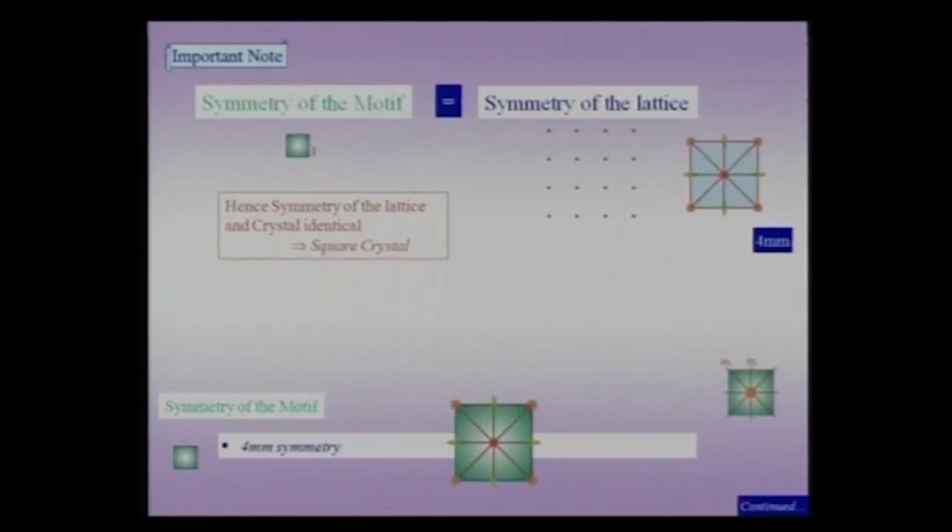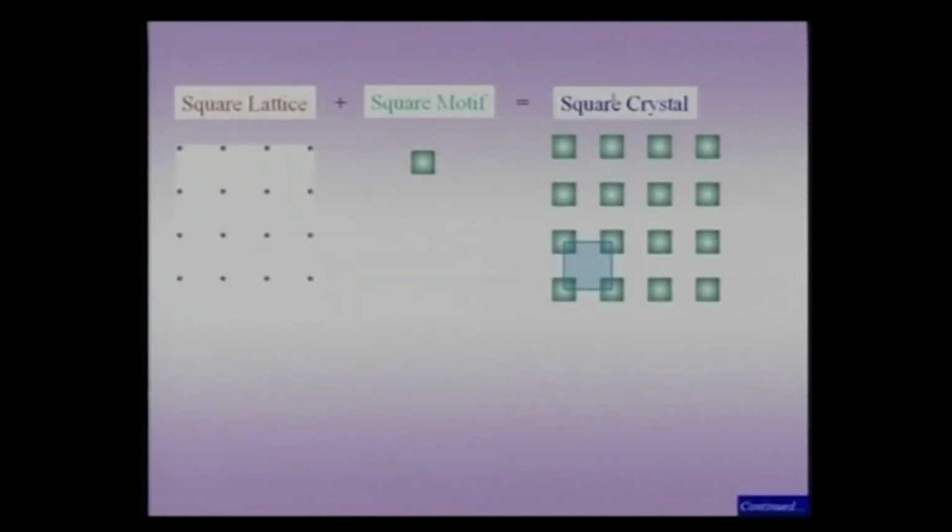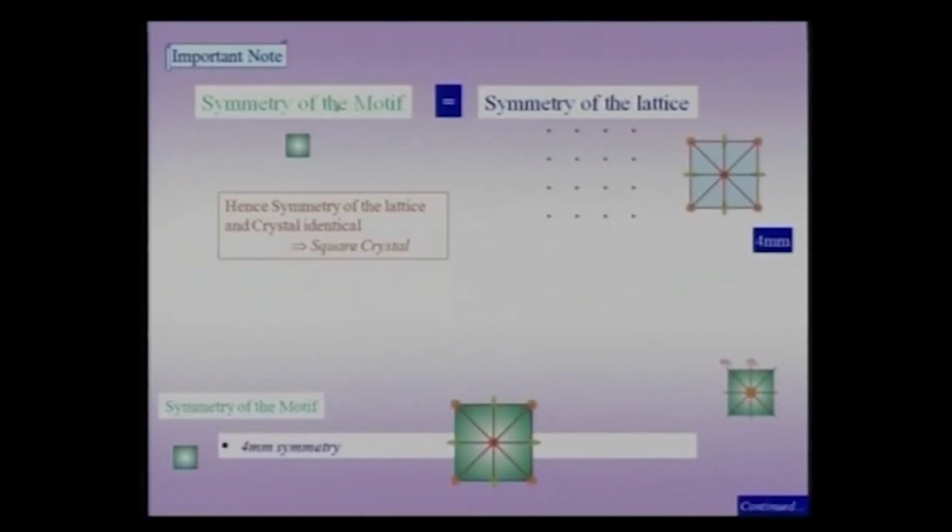So in this example, we clearly see that the symmetry of the motif is equal to the symmetry of the lattice. In the previous case, the symmetry of the motif was greater than the symmetry of the lattice, and in that case we had obtained a square crystal. In this case, the symmetry of the motif is equal to the symmetry of the lattice, and more importantly, more than being equal, the symmetry axes coincide.